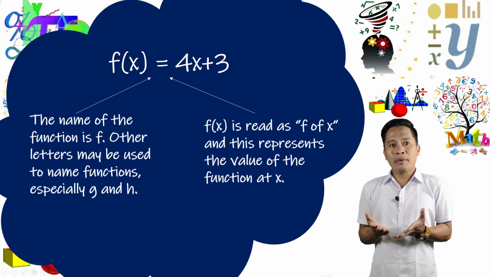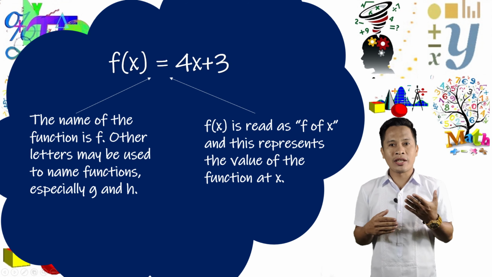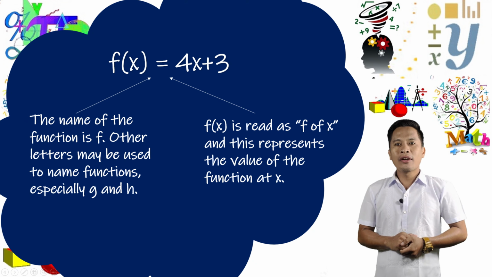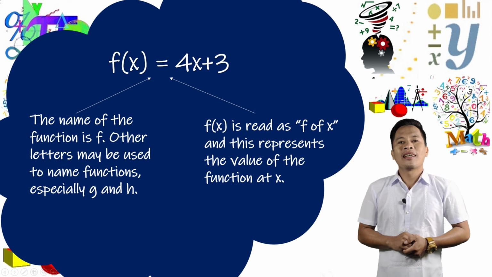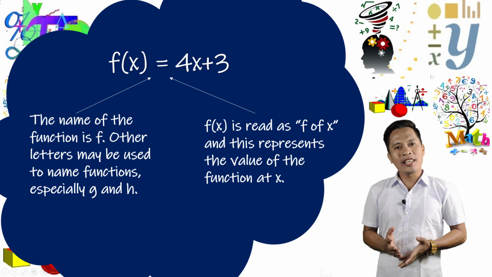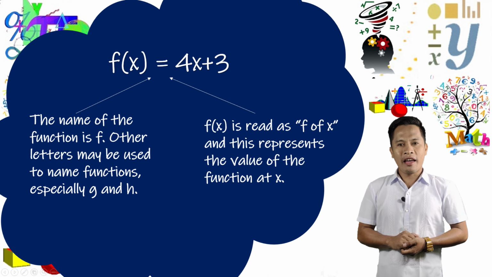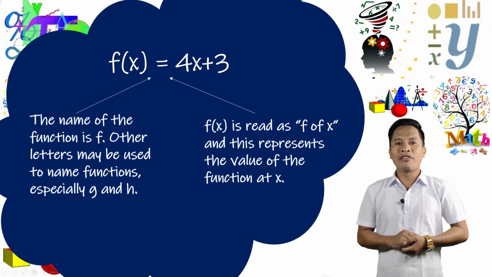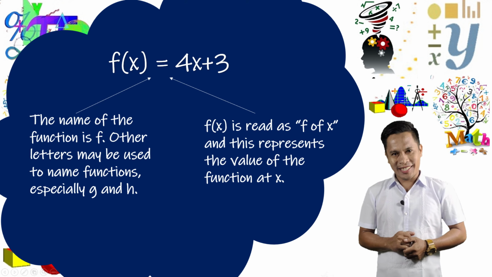Other letters may be used to name a function, especially g and h. F(x) is read as f of x, and this represents the value of the function at x.